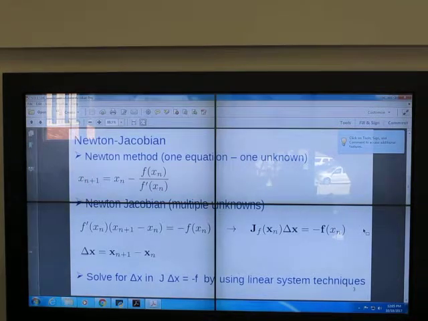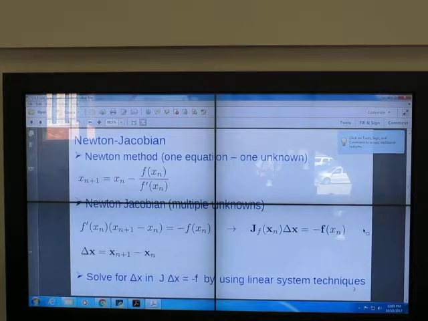So you have xn plus 1 minus xn. And then multiply both sides by f prime. So this time you have f prime multiplied delta x equal to minus fx. That is 1D format. Right? One equation, one unknown. 1D format.